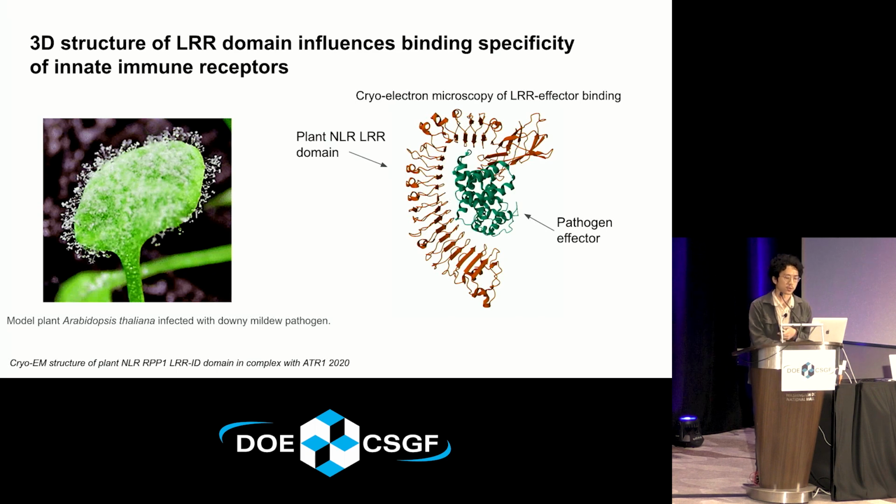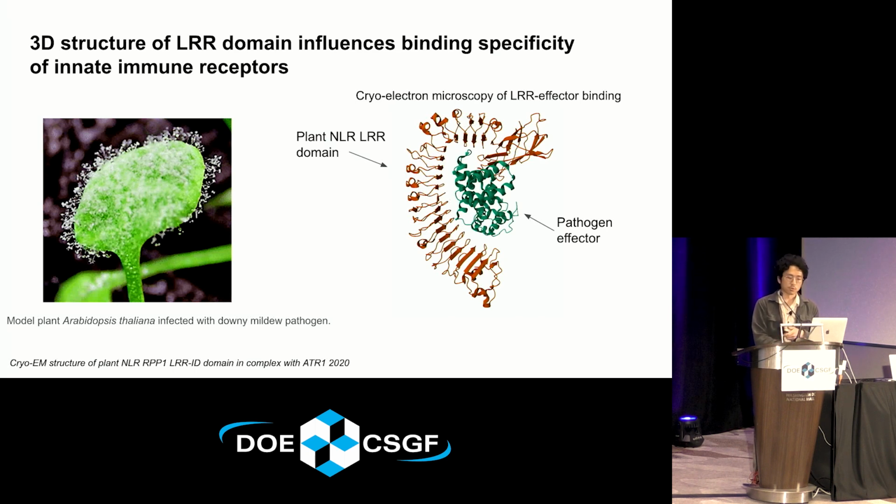So here's another picture of what an LRR domain looks like. It's the same kind of slinky-like object that I showed in the title slide. And this is a 3D structure of an LRR domain that is bound to a pathogen effector. The LRR domain was taken from a model plant organism called Arabidopsis, and its target effector is from a fungal-like disease known as downy mildew.